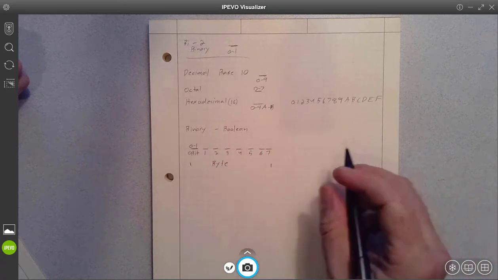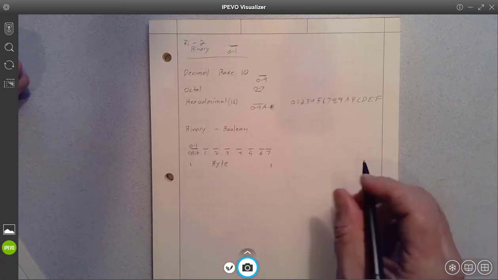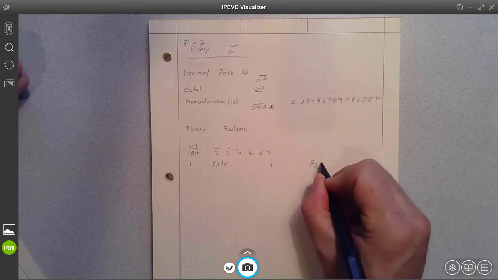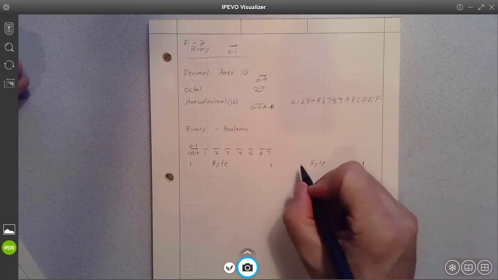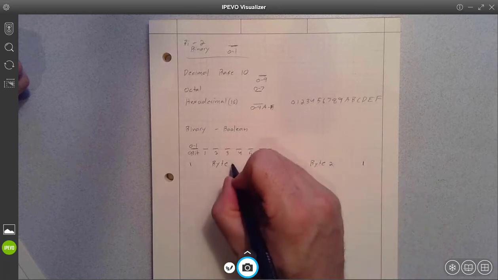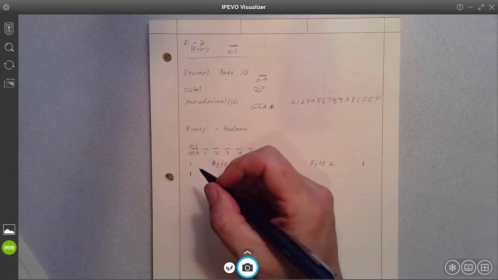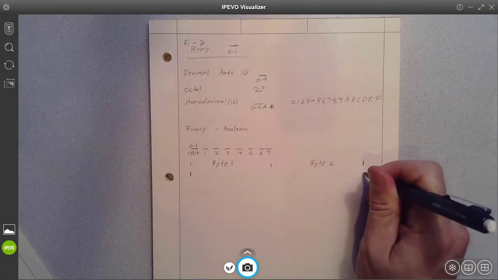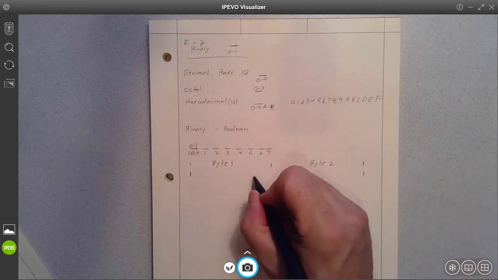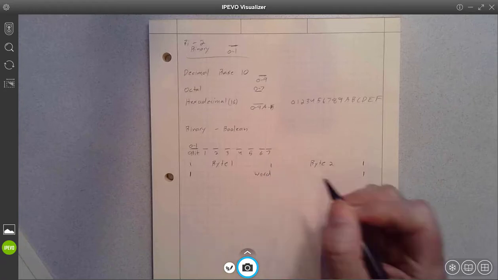Then if you string together 2 bytes, I'll just approximate that out here, we call that a word. So this is byte 2, this is byte 1. So if you have 16 bits, we would call that a word.